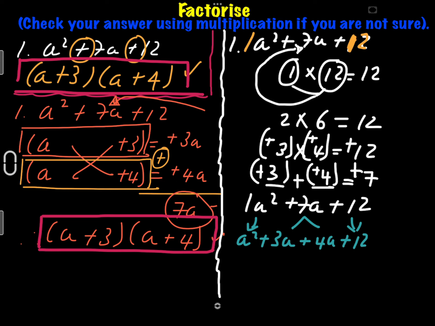Now grouping this, by grouping we have, you can simply group them in that fashion. And then what we need to do now is simply look at the common factors. So we have a plus 3, and my common factor there is plus 4, and we have a plus 3.